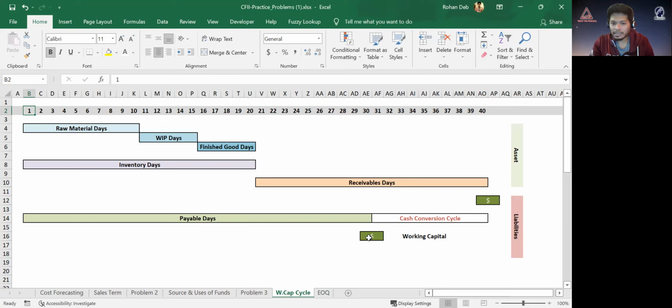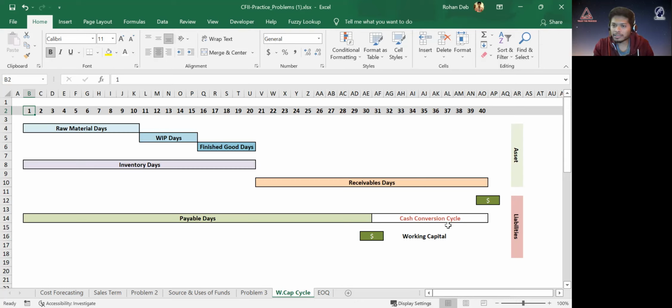So what's happening is that you have to pay that supplier at the end of 30 days, which is here, but you will get money from the customer at the end of 40 days. So the difference here between the 30 days and 40 days is what is called your cash conversion cycle. So this difference of 10 days is called cash conversion cycle.